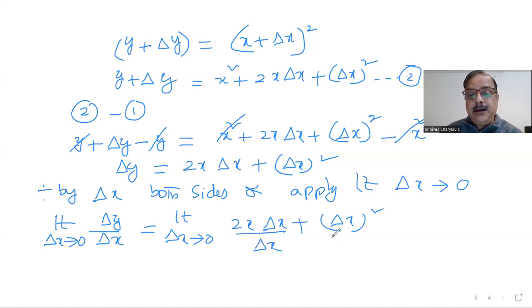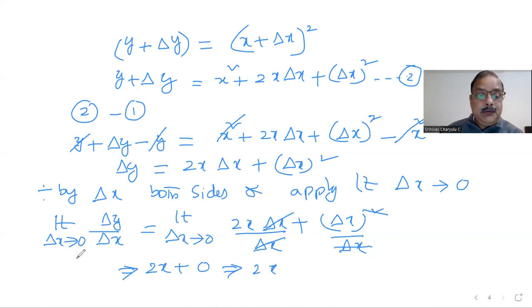Each term you should divide by delta x. Do not forget, because we wrote here both sides. So delta x will go away. This will go one time. So when you put limit delta x tends to 0 this side, you'll be getting 2x because there is no delta x term here, plus 0 because delta x becomes 0 here. So this is 2x. This will become now dy by dx.